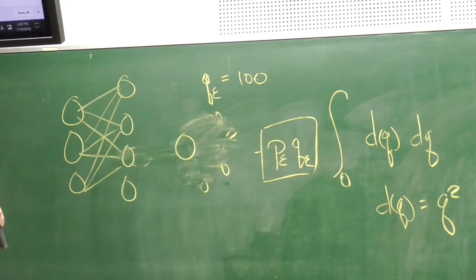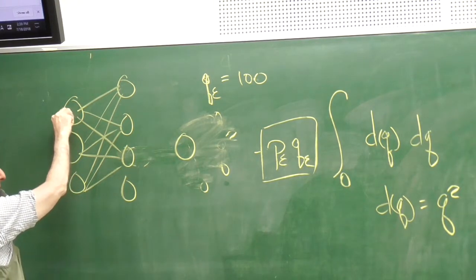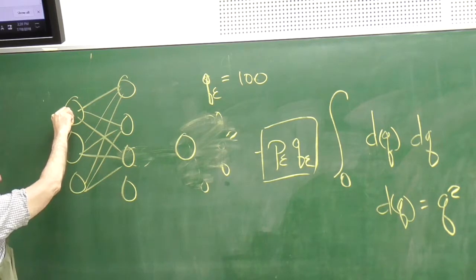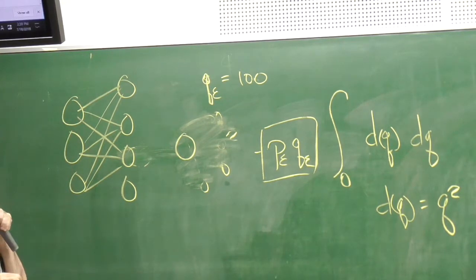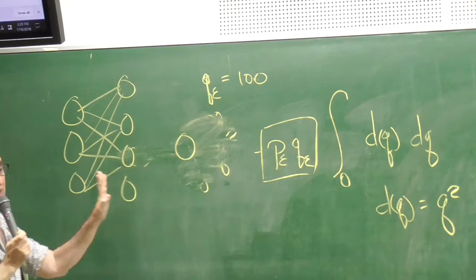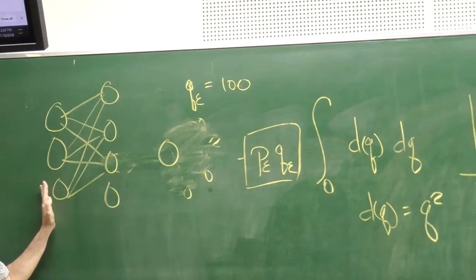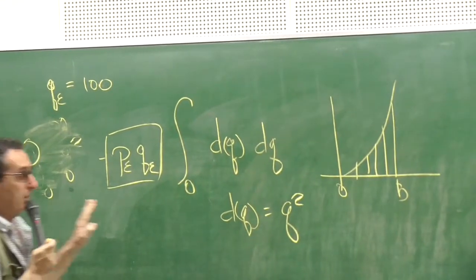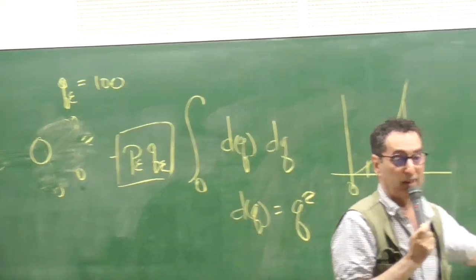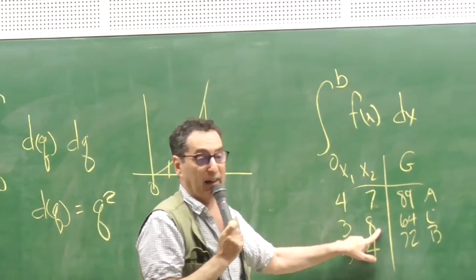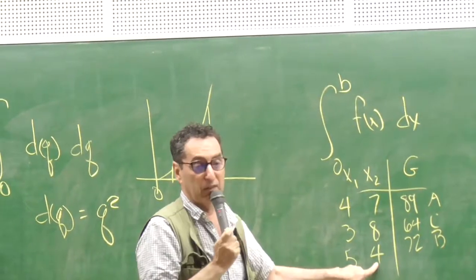Okay? And what you're going to do here is use this as your input, what's called the input layer. These are called layers. The input layer is going to be the 4 and the 7, or the 3 and the 8, or the 5 and the 4.